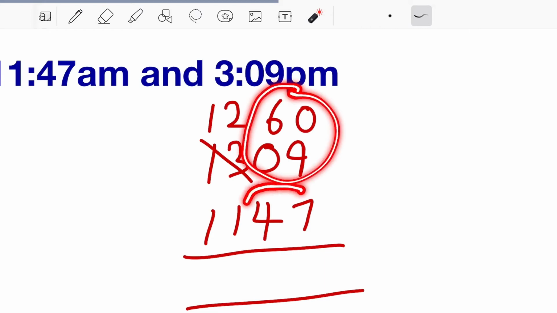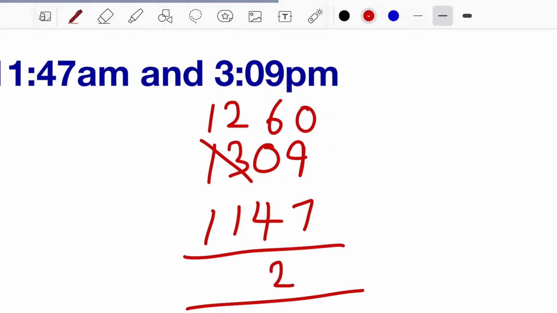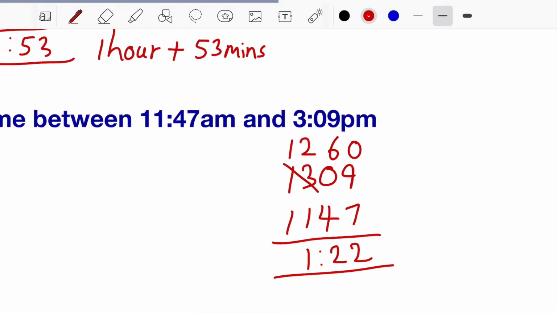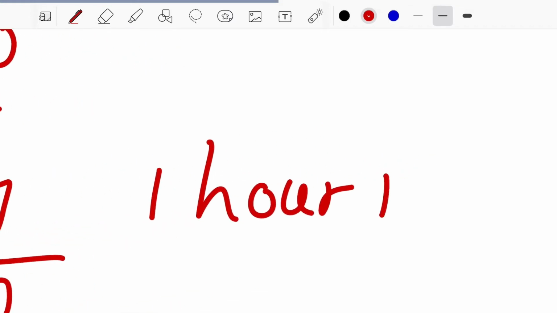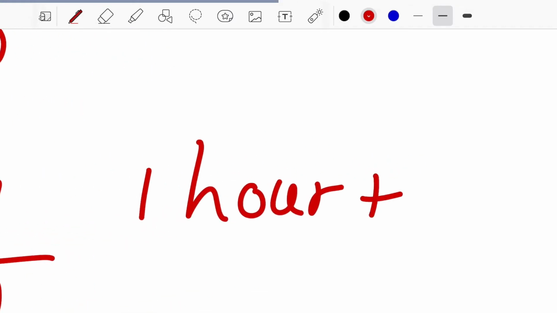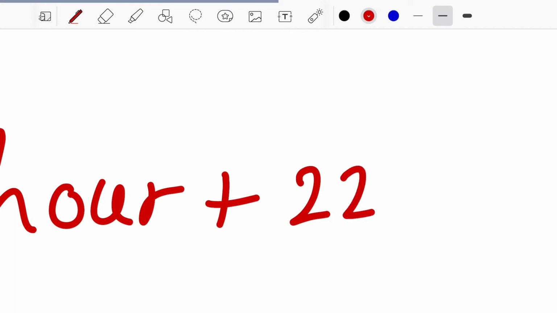And 69 take away 47 will give us 22. 12 take away 11 is 1. So that's 1 hour and 22 minutes. So the answer is 1 hour and 22 minutes.